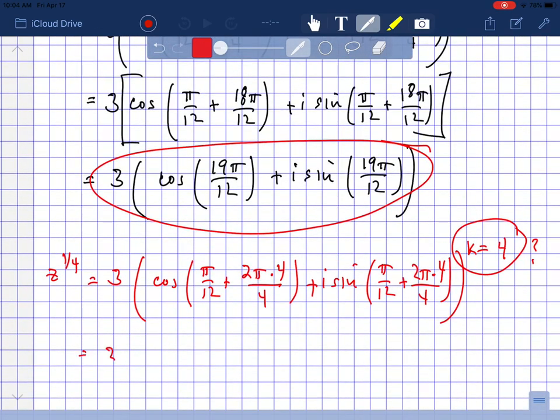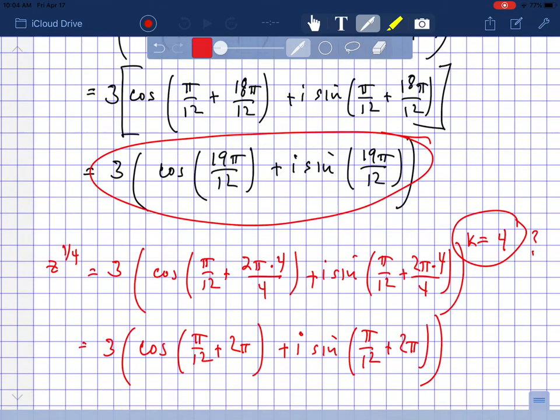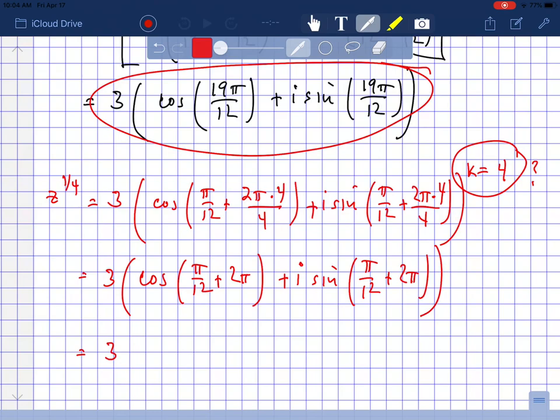And this is equal to 3 times the cosine of pi over 12 plus 2 pi plus i times the sine of pi over 12 plus 2 pi. And this is equal to 3 times the cosine of pi over 12 plus i times the sine of pi over 12.